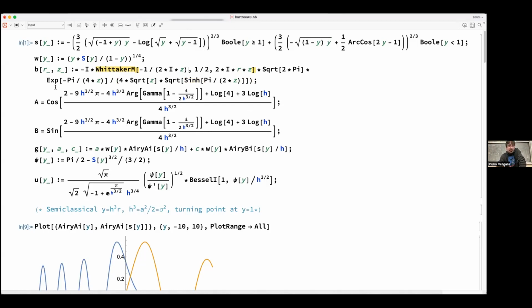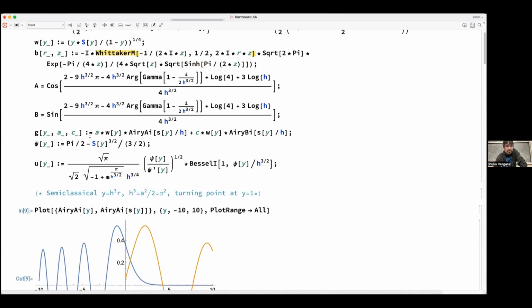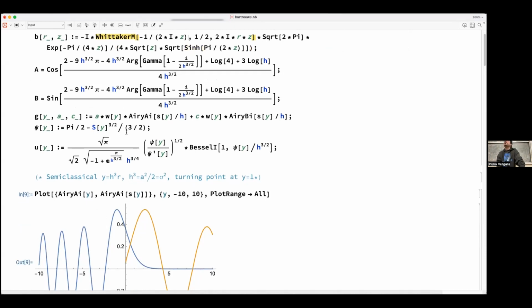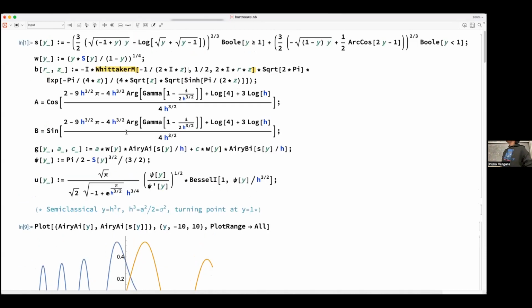My true solution, for historical reasons, is going to be called B in my notebook. I forgot to change the notation, but the rest of things there should be consistent. The capital S should not be little in the second line.